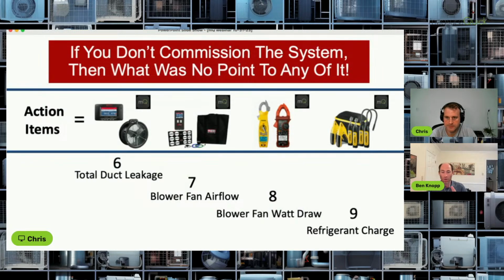But let me just throw out some numbers there just so you get an idea of what kind of effect different things have on a design. So when we did the Manual J, it gives us a total cooling load and a breakdown of latent cooling and sensible cooling, but it doesn't really give us the whole picture.